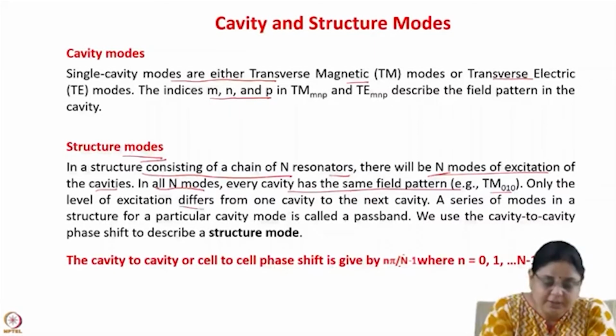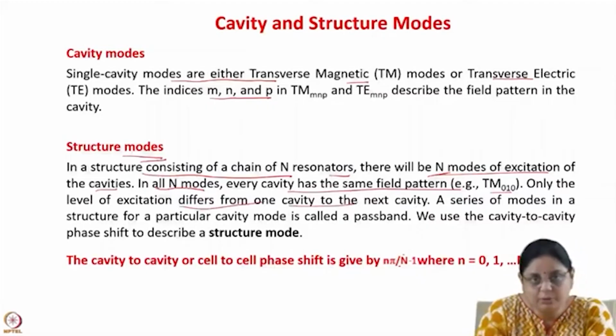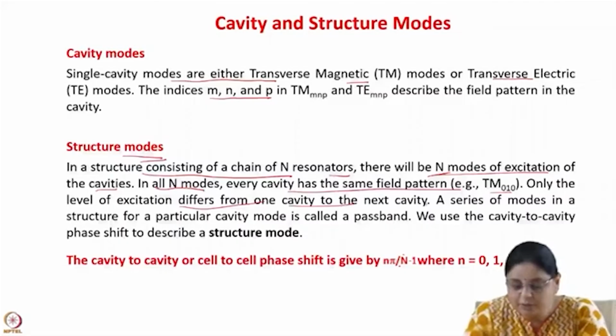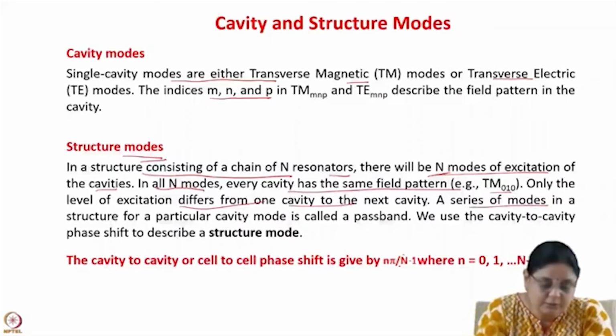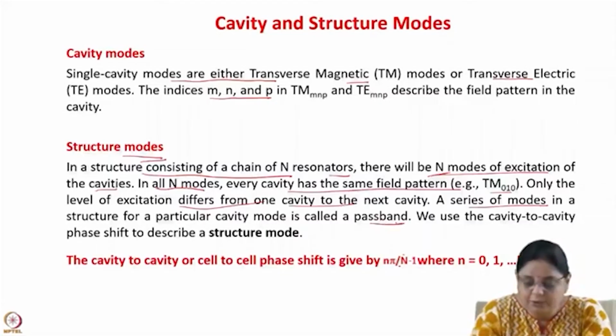Only the level of excitation differs from one cavity to the next cavity. So the mode will be the same, only the level of excitation will be different from one cavity to the next cavity. A series of modes in a structure for a particular cavity mode is known as a passband. And we use the cavity to cavity phase shift to describe this structure mode.